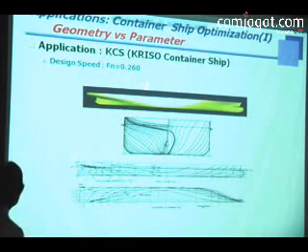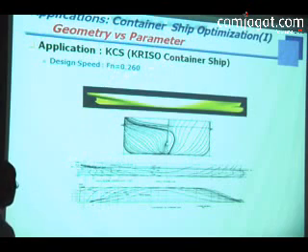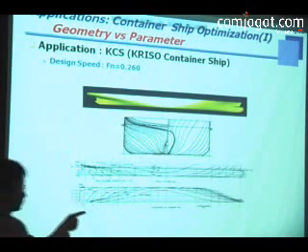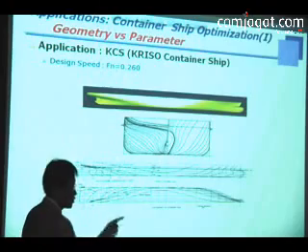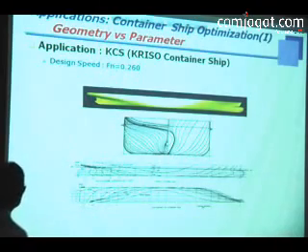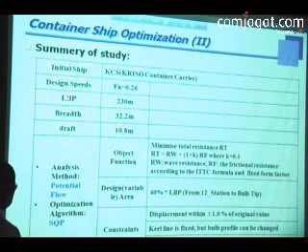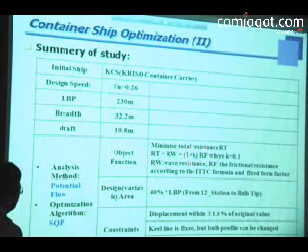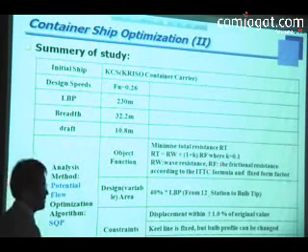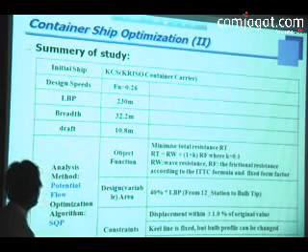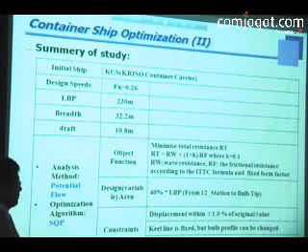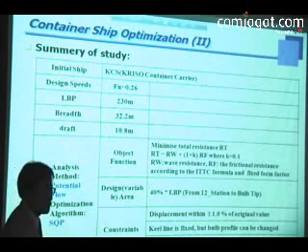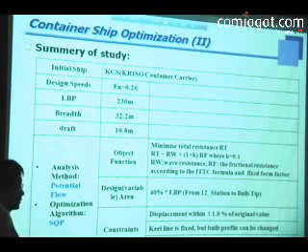We use case X. Design speed Froude number is 0.26. Akimoto calculated motion using this model. So this is geometry. The objective function is total resistance, composed of wave-making plus form factor and friction. Friction is ITTC friction line. Design variable is 40% of LPP, the fore part.